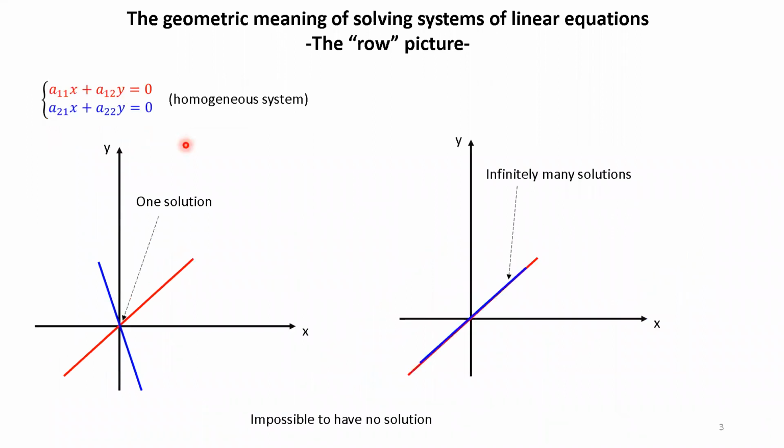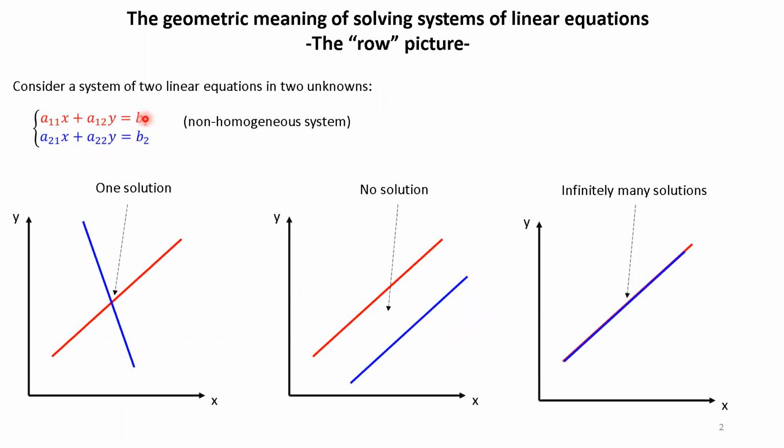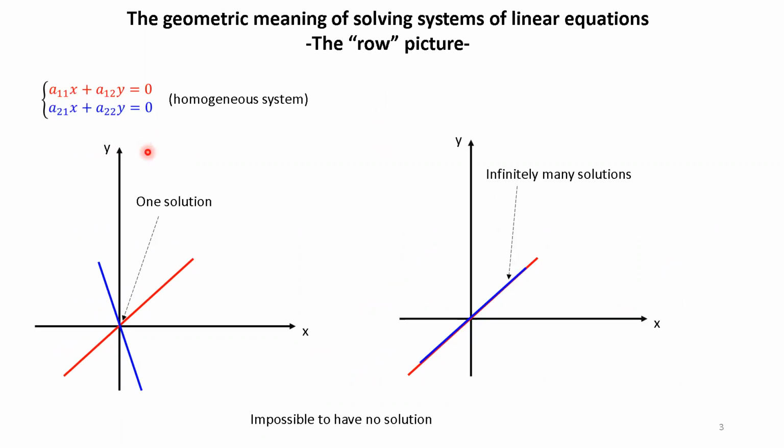The last page is about the so-called homogeneous system, where I have the two constants on the right-hand side equal to 0. Here I had B1, B2 as non-zero numbers; here I have 0, 0.